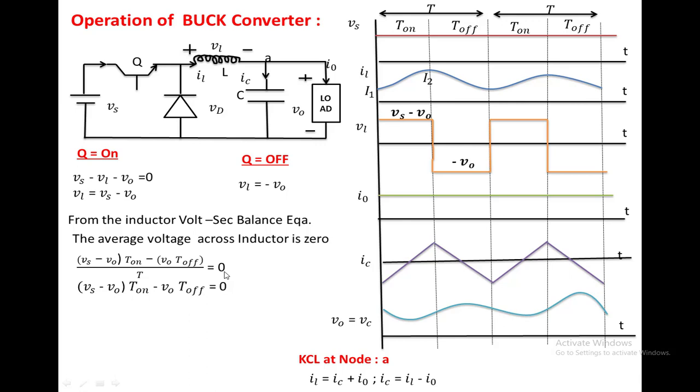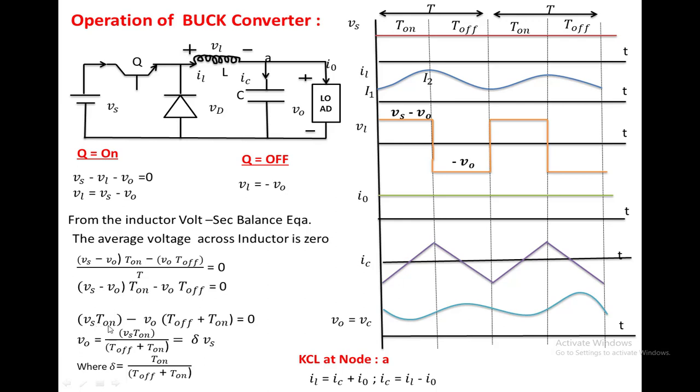that is equal to 0. Now cross multiply this, we are getting (Vs minus V naught) into T on minus V naught into T off equal to 0. See here, V naught T on, V naught T off. Take common V naught. So Vs into T on equals V naught into (T off plus T on).